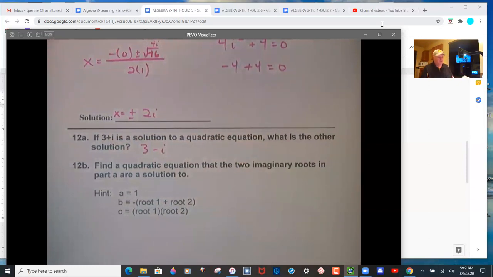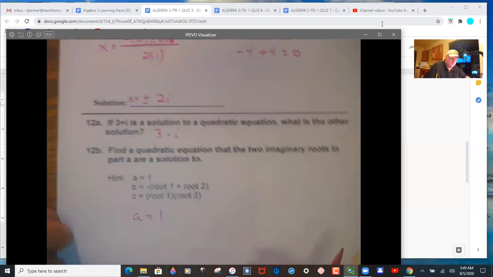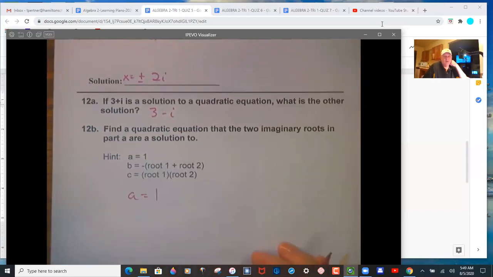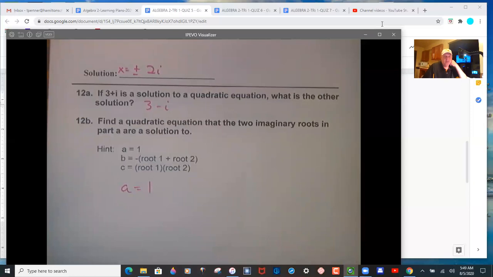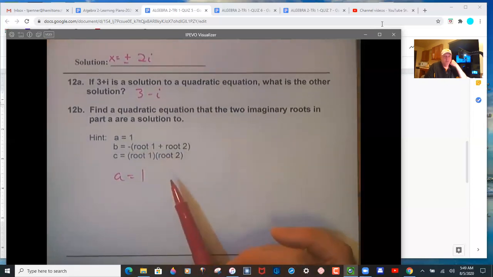So now what we have to do is take these two and figure out a quadratic that they belong to. So this is a little trickier in doing this with imaginary numbers. So we're going to use this formula to do it. This will work for any roots.